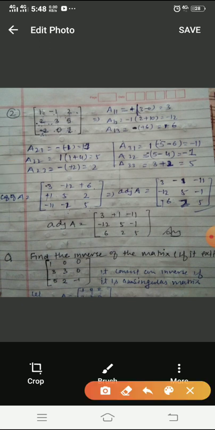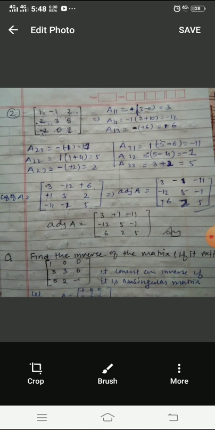The second one is the second element of the first row, second column. Clear? What is the position of this? a12. So minus 1 to the power what? Minus 1 to the power 1 plus 2, so it is 3. Clear? Okay.